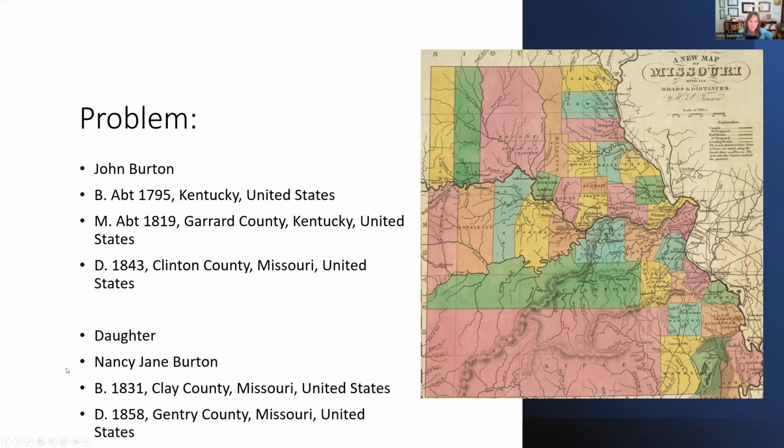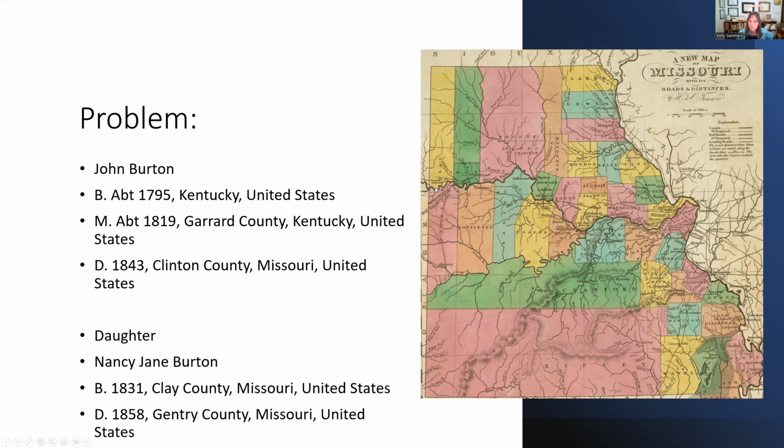Now I come through his daughter, who is named Nancy Jane Burton, and she was born in Clay County, Missouri, which is this yellow portion in the far left. She was born in 1831 and she died in 1858 in Gentry County. And Gentry County is not showing at this time.